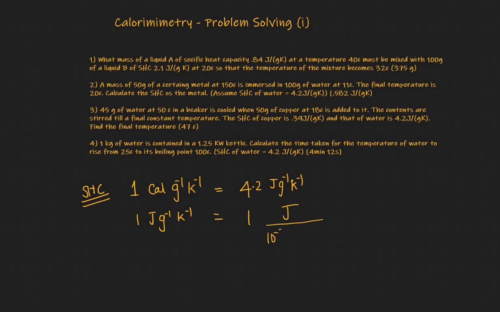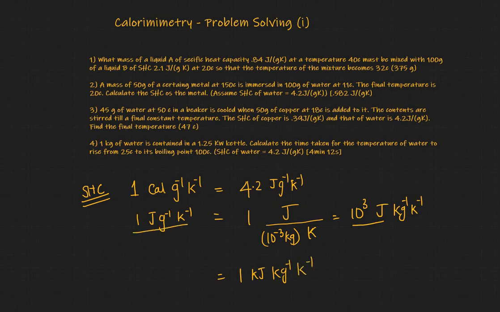Now 1 joule per gram per Kelvin, you can write it as 1 joule per 10 power minus 3 kilograms per Kelvin, that's 1 gram, and that's equal to 10 power 3 joules per kilogram per Kelvin. Or you can also write it as 10 power 3 joules is 1 kilojoule, so 1 kilojoule per kilogram per Kelvin.